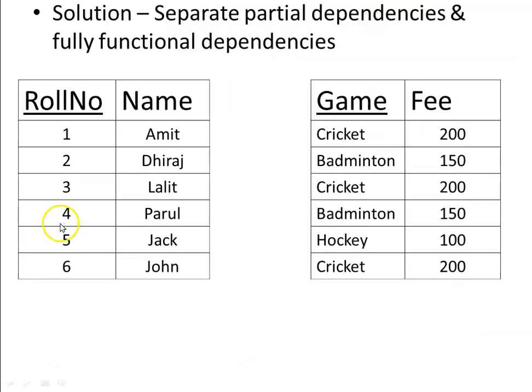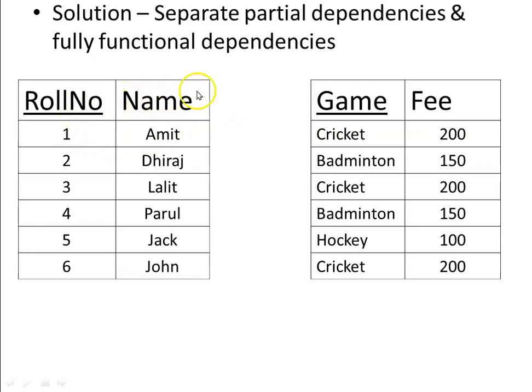So what we do now is create a new relation, roll number, name. If you know the roll number, you know the name of the student. If you know the game name, you know the fee of the game. Now what about the grade? The grade obviously will come in this particular table. So if you know the roll number, name and grade, you will be able to search. That means name and grade are totally dependent upon the roll number.